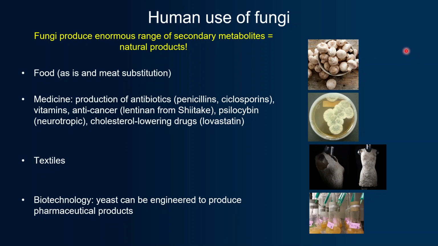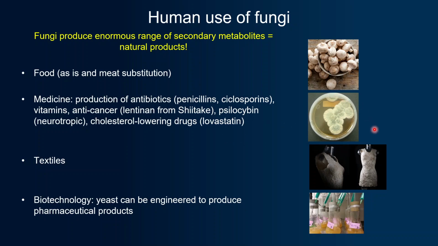So certain fungi would produce drugs such as antibiotics, penicillins, cyclosporins, certain vitamins, maybe anti-cancer chemicals, psychedelic substances such as psilocybin, or even statins, the drugs that lower the cholesterol.